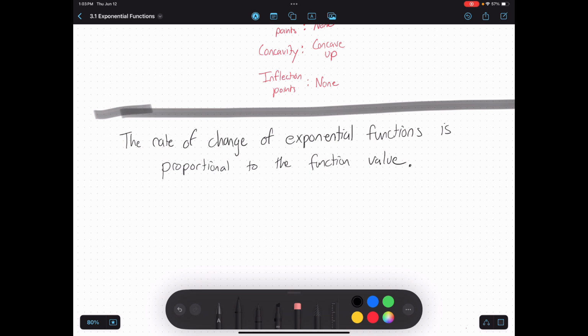Well, remember, we now recognize rate of change as talking about the derivative. So what this means is that the derivative of an exponential function is equal to some constant multiple, you could use c, or you could also use k for the constant of proportion, times the actual function.